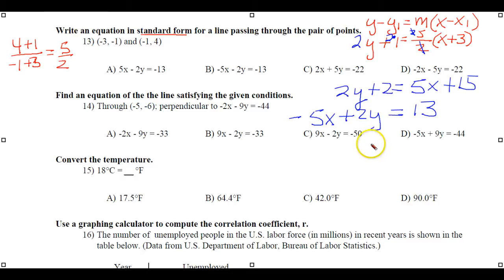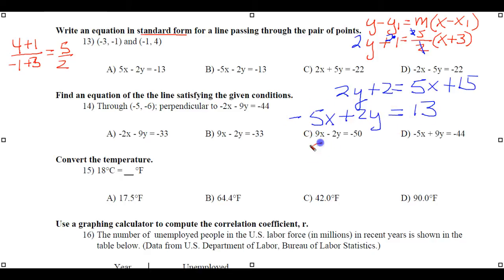Now as we look at this, none of the equations look like this. And here's a case where apparently they want to have your a term positive, which is a negative 5 now. So we do that simply by multiplying each term by a negative 1, which changes the sign.